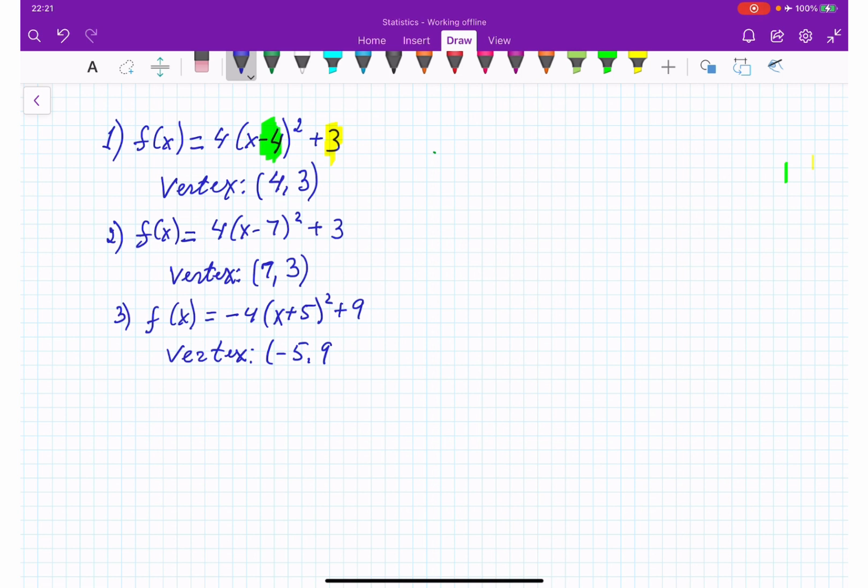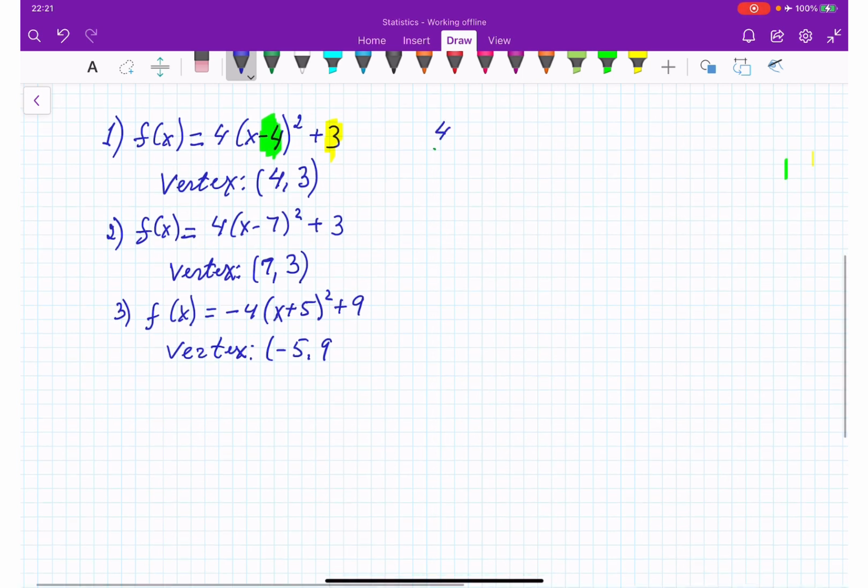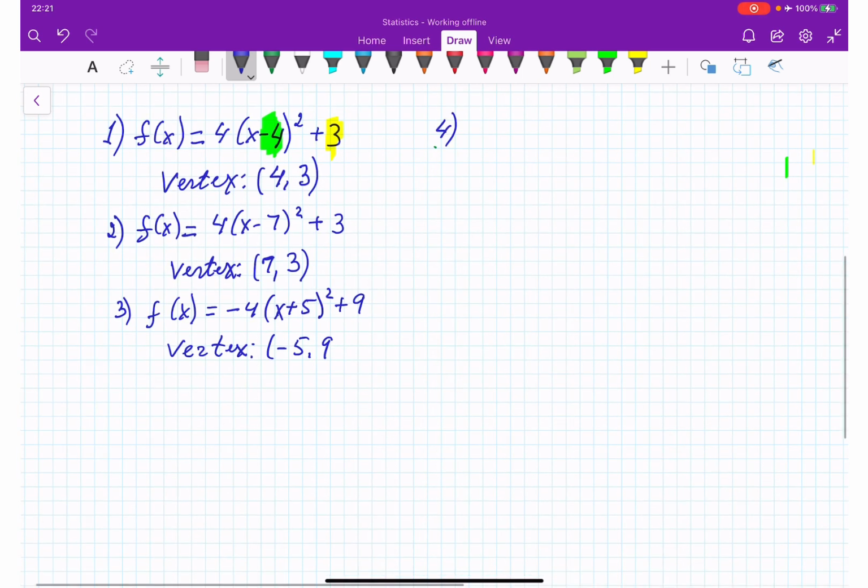Okay, now what if, question number 4, we have a quadratic function in the format 3x squared minus 6x plus 10. In this case, we are going to use the following format.